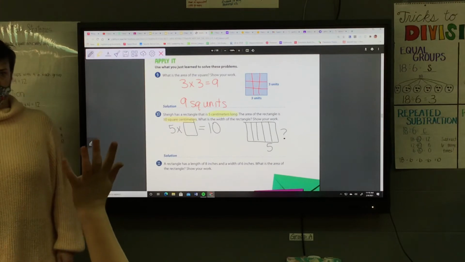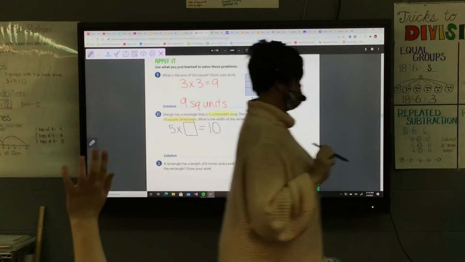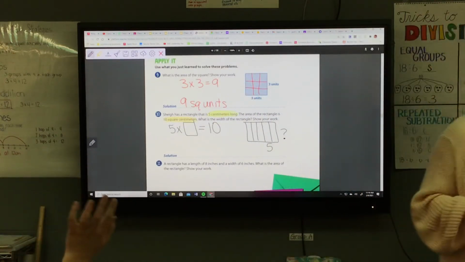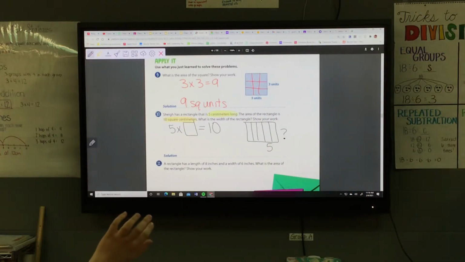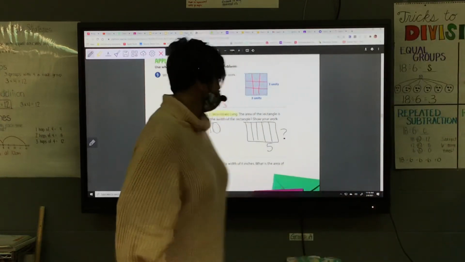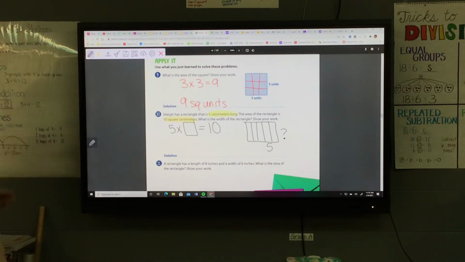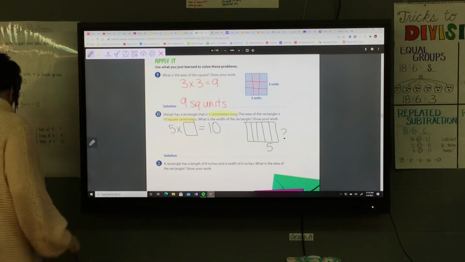Do you know? 5 times, what is it? 5 times what equals 10, Raylan? She says 2. Is she right? Yes. Give her a round of applause. Good job. Okay, so what is the width of the rectangle? 2. All right, let's write that down.